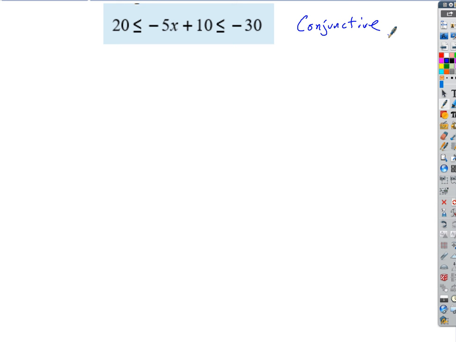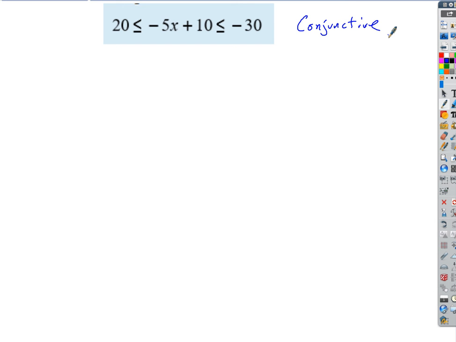Yes, sir. 20 less than or equal to negative 5x and 10 less than or equal to negative... Oh no. Okay, I appreciate the effort. You got the ball rolling. That's good. Yes, sir. 20 less than or equal to negative 5x plus 10 and negative 5x plus 10 is less than... Closer.